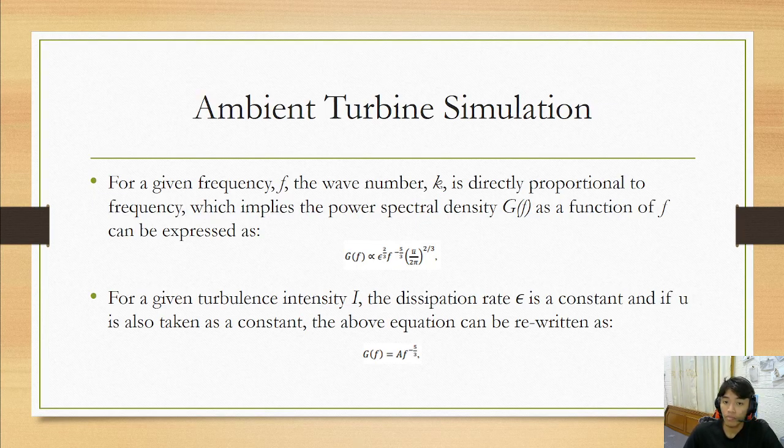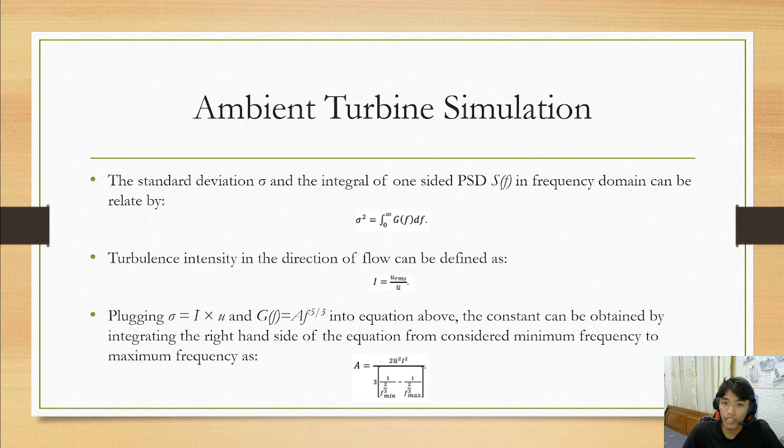For a given turbulence intensity I, the dissipation rate is a constant, and if U is also taken as a constant, the above equation can be rewritten as the equation below: G(f) equals A f to the power of negative 5/3.